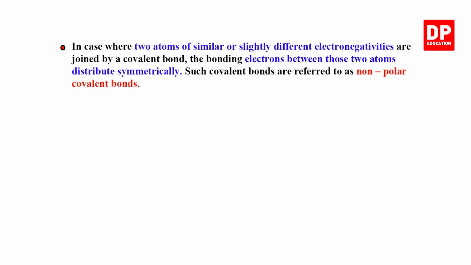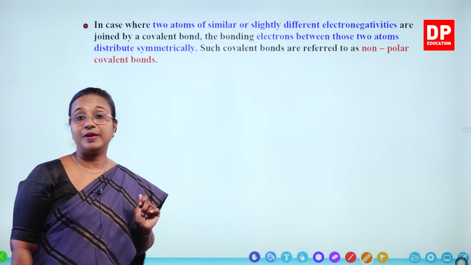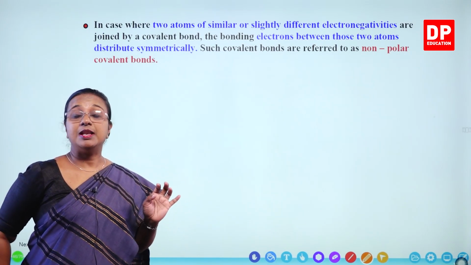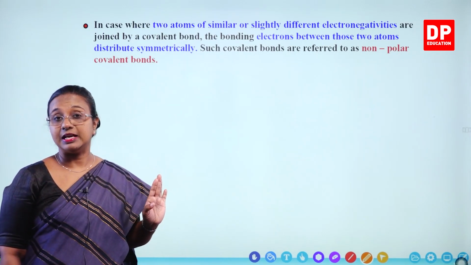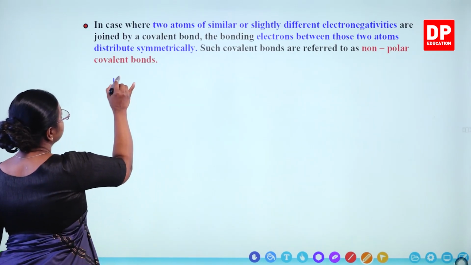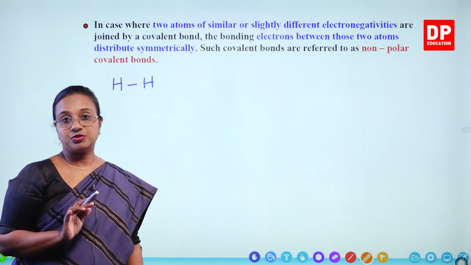In the case where two atoms of similar or slightly different electronegativities are joined by a covalent bond, the bonding electrons between those two atoms distribute symmetrically. Such covalent bonds are referred to as non-polar covalent bonds. So, as I explained before, hydrogen-hydrogen has similar electronegativity. Why? Both hydrogen atoms are the same.